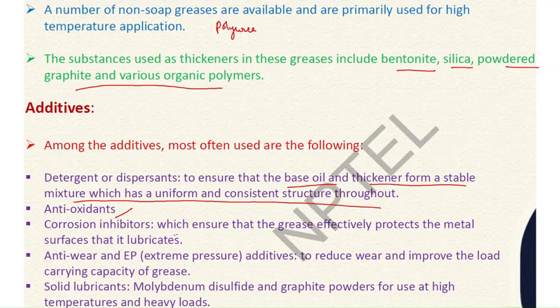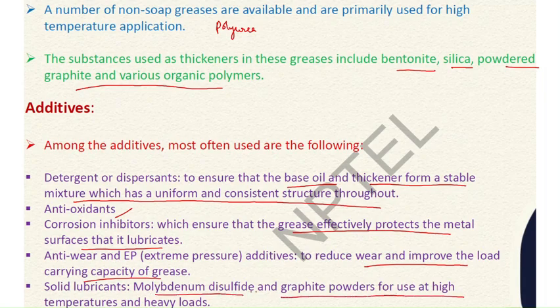Then corrosion inhibitors to ensure the grease effectively protects the metal surface that it lubricates. Then anti-wear and EP additives to reduce wear and improve the load bearing capacity of the grease, because greases are mostly used between the moving parts of two machines, so they should have good load bearing capacity. Solid lubricants such as molybdenum disulfide and graphite powders are also used at high temperatures and heavy loads.